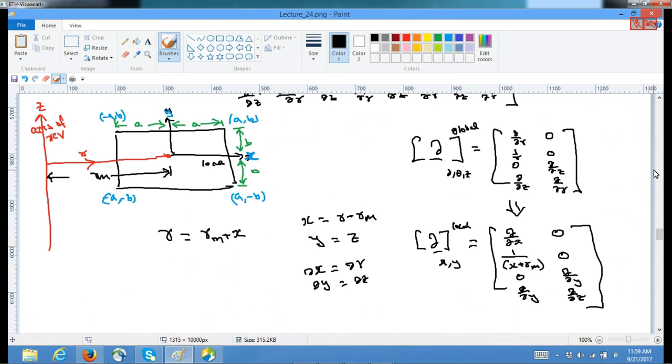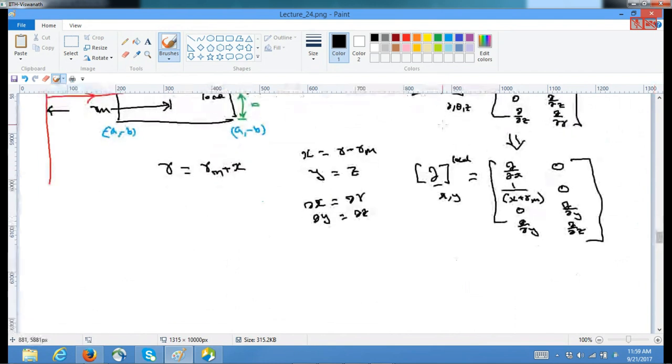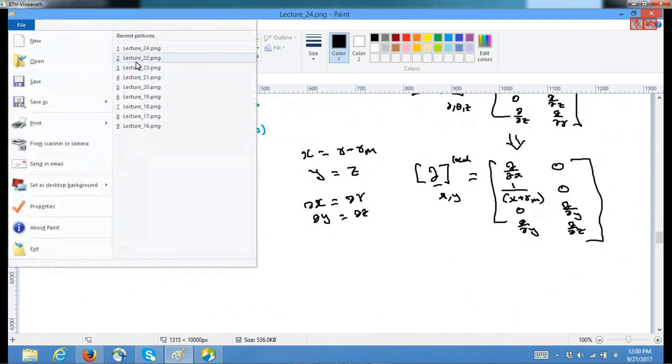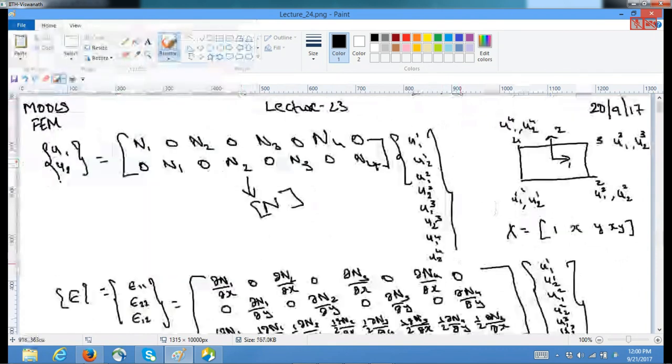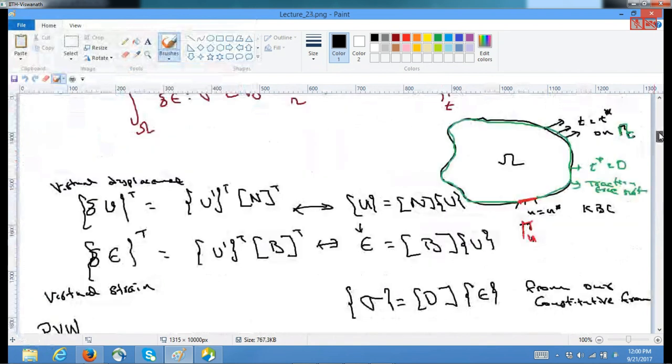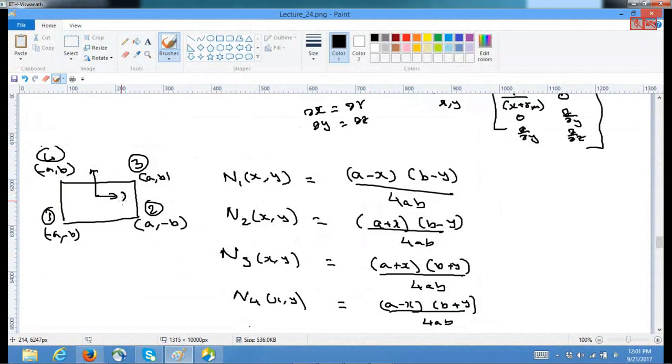If I represent it in this manner, my shape functions are already known to me. Let me get you the shape functions from the previous class. Knowing that this is x and y, our shape functions are given by the same thing.